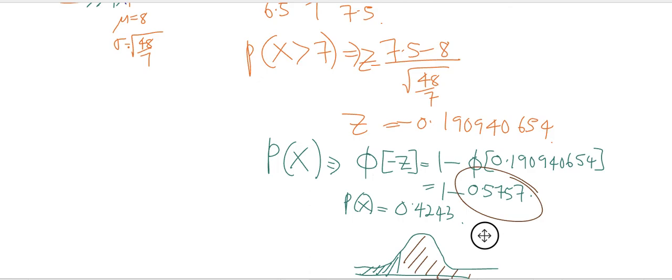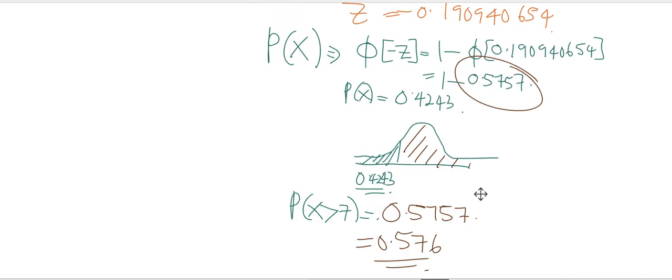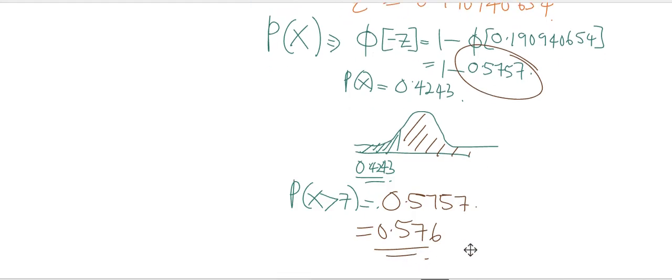If this were x less than 7, that should be the answer, 0.4243. But since it's towards the right, I have to take 1 minus 0.4243, and that's why your answer is 0.5757, which is 0.576 to 3 SF.